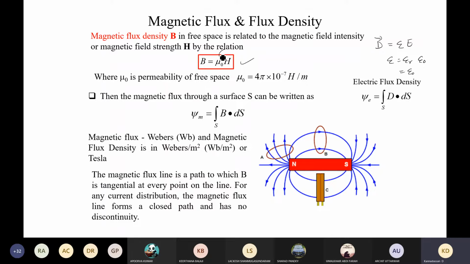And this is completely material dependent. So that is why the magnetic permeability is also coming into the picture. It is very similar to that of epsilon. So epsilon tells how far the field is allowed in a given material or given region, and that is described with respect to the vacuum.